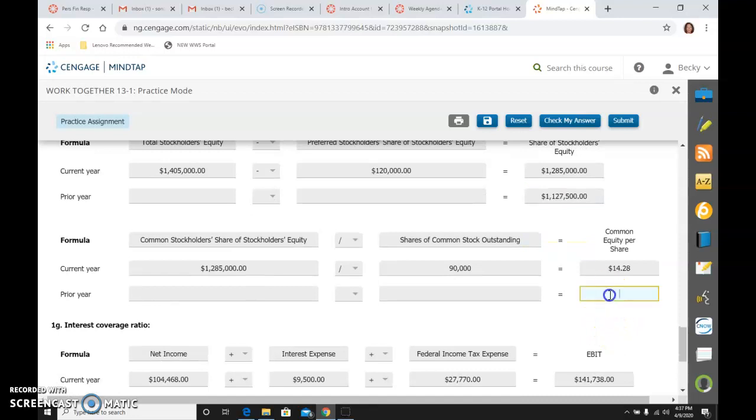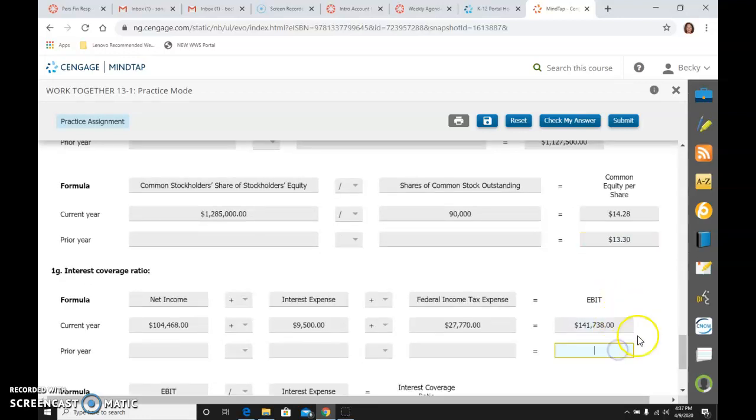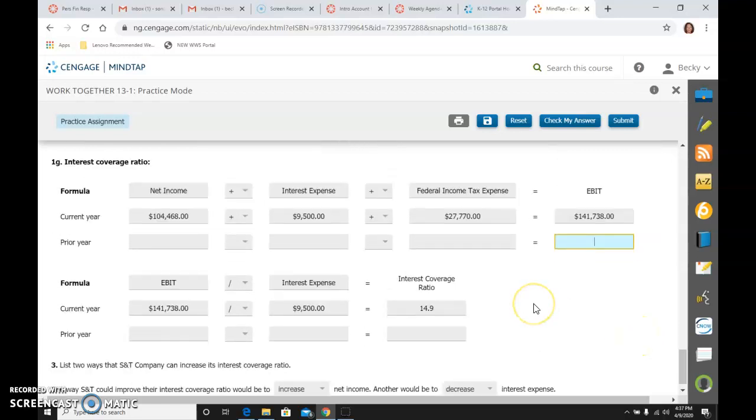And then finally, we come up with the common equity per share, which is 13.30. Then the interest coverage is a two-parter. We're going to come up with the EBIT. And EBIT is 115,484 in the prior year, which is 14.8 when we calculate it out.